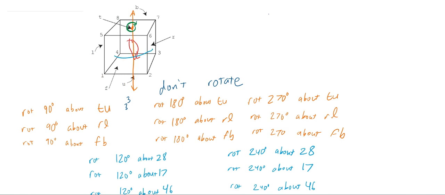Face R would go to where L is, and L will go to where R is. And U would stay in place. So if I do a 180 degree rotation over and over again, I would notice that this time I have these 4 little cycles that never overlap with each other. T, F and B, R and L, and U. So there's 4 different things to color in this case.